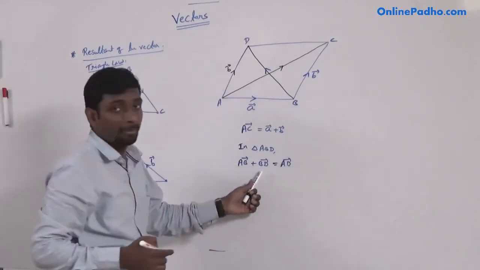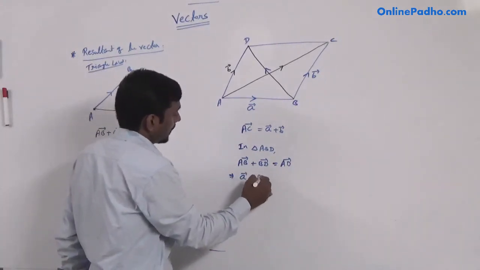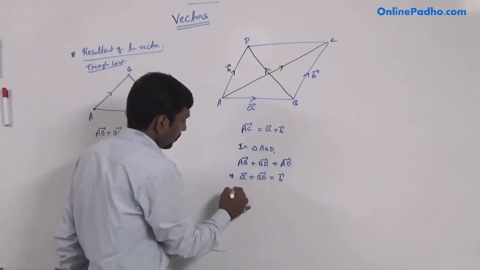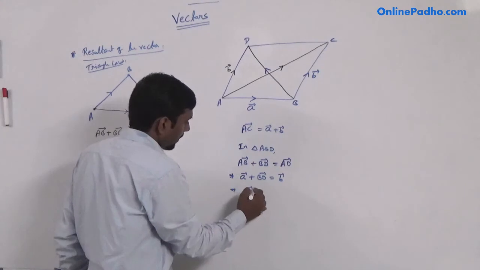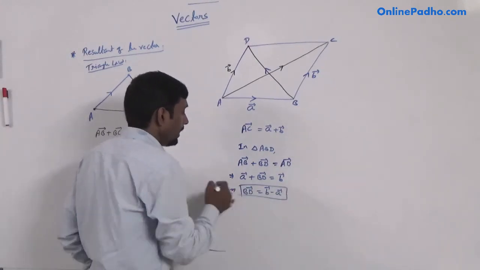But we have to find BD vector here. So A vector plus BD vector is equal to AD vector, which can be written as B vector. So finally BD vector can be written as B vector minus A vector. This is called the BD vector.